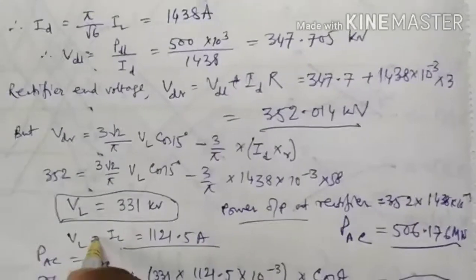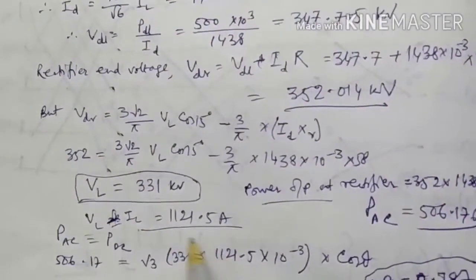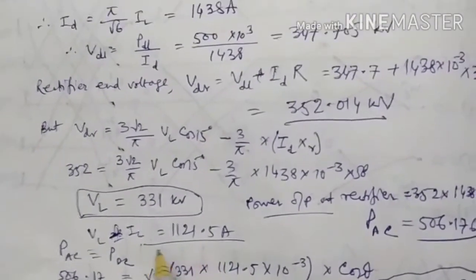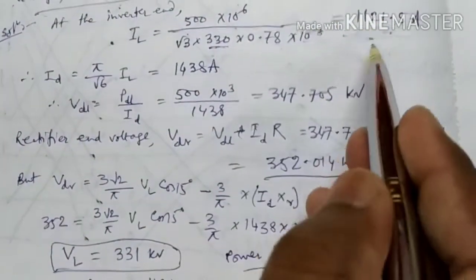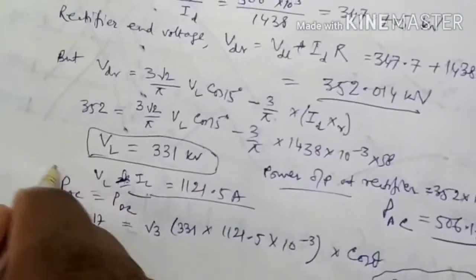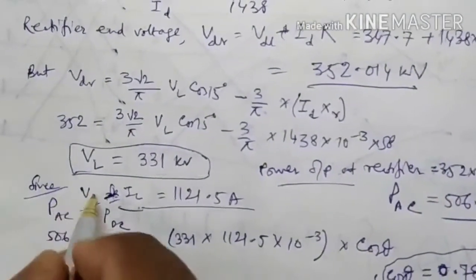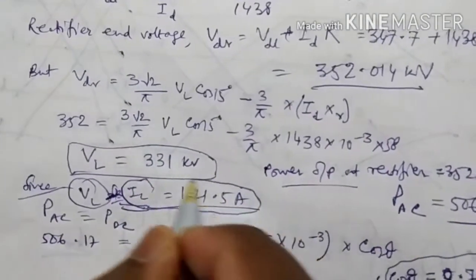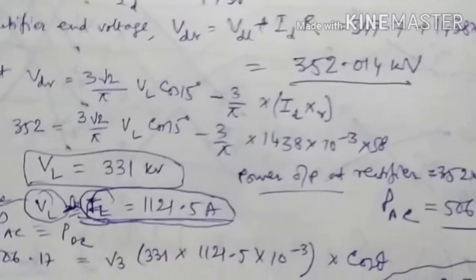This is the power factor, this is the current, and this is the voltage. So IL is almost the same as the line current. Since VL is almost the same, IL will be equal to 1121.